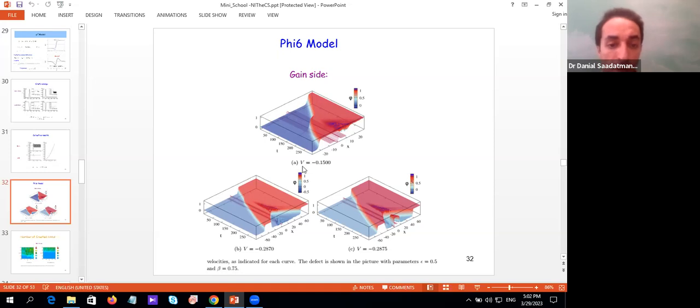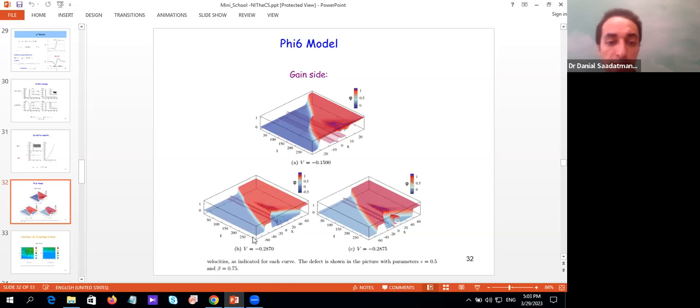But for some initial values of the kink in figure B, phonons can be amplified in the gain side of the defects, and interestingly, they can form kink and anti-kink after the interaction.